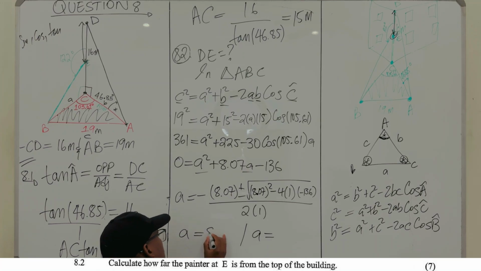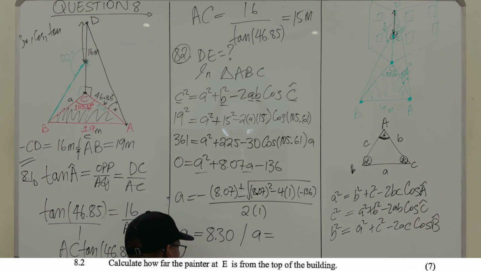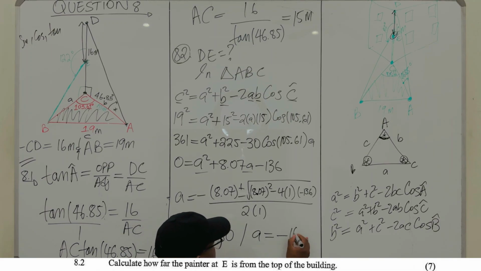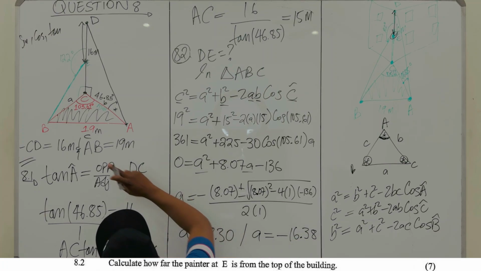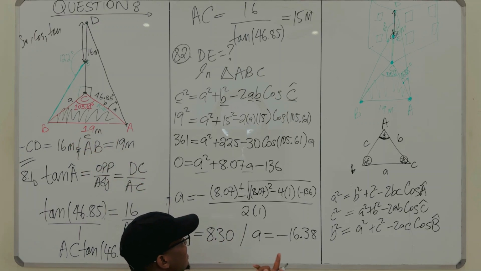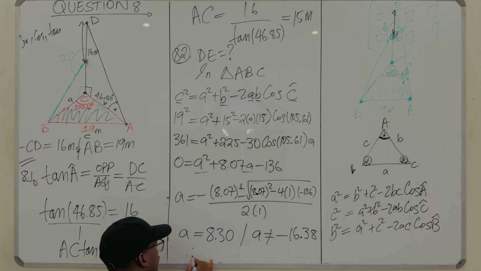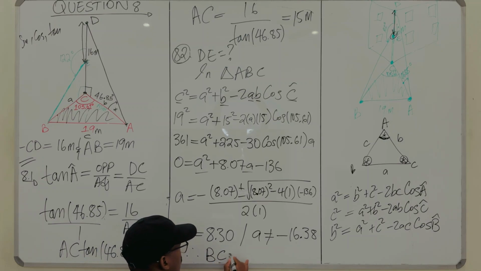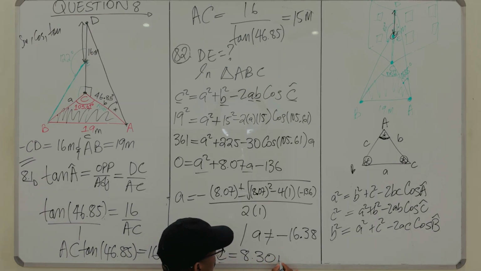So you get that your a is equal to 8.30, or your a is equal to minus 16.38. So a is what? A is the length BC. And you know a length is non-negative, right? So it can't be this one. Therefore, your BC is equal to 8.30 meters.